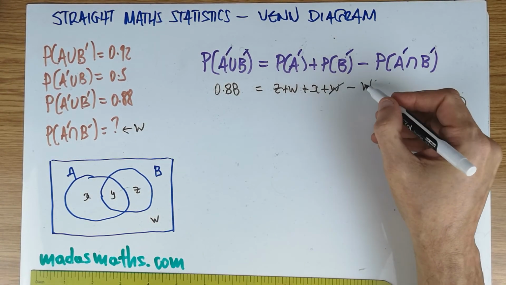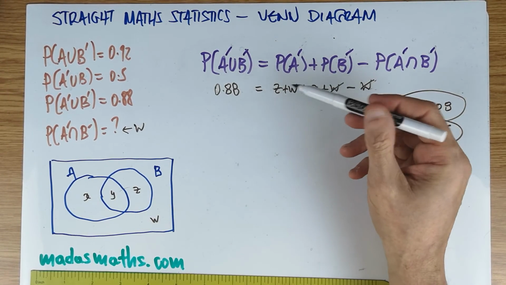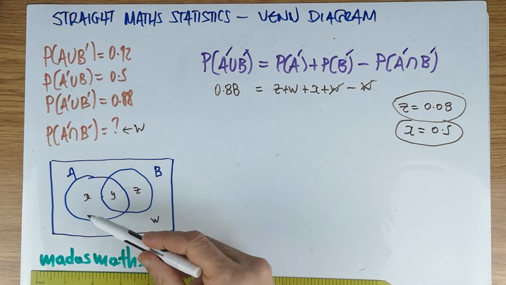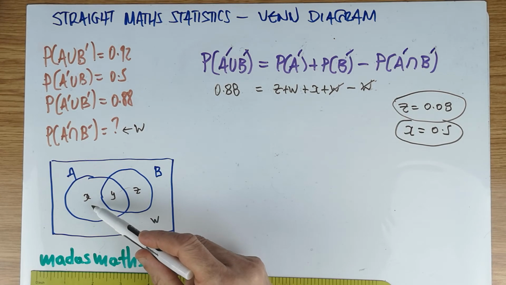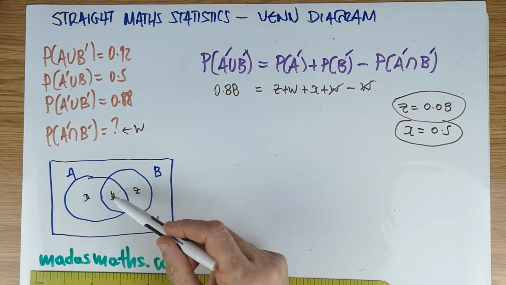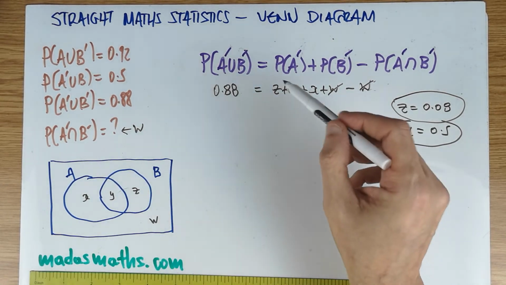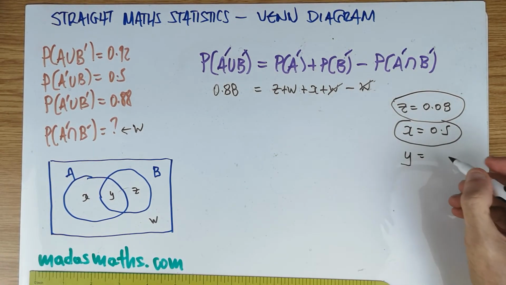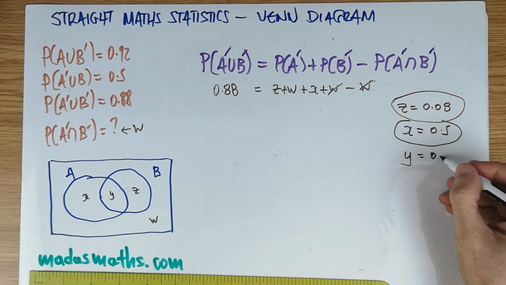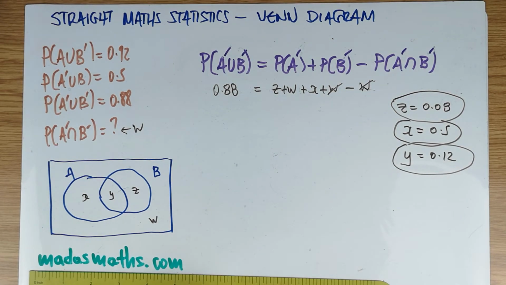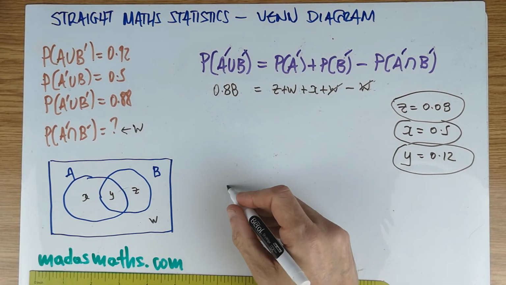And w cancels. So again, three quantities add up to 0.88. Which are the three now? x, z, and w. So this is another common section, y, that we are left with. This adds up to 0.88. So now the y must be 0.12. And therefore, we found the probability not an A and not a B, which of course is the w.